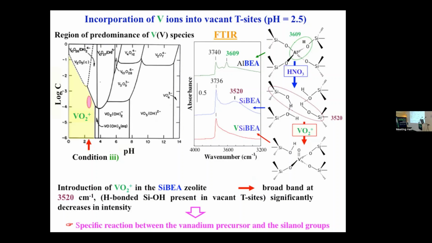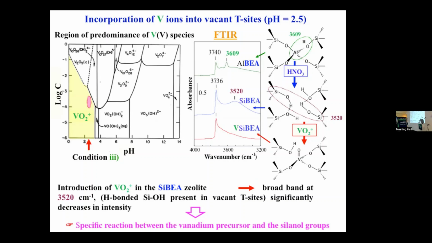For this, it is important to look at the region of predominance of vanadium species in the case of ammonium metavanadate. As you can see, as a function of pH and concentration, we have in the solution different kinds of vanadium species. This is a mononuclear vanadium species, and this is also mononuclear, but there are also polynuclear ones.